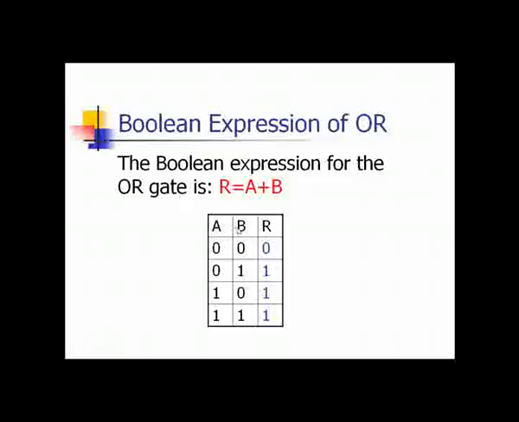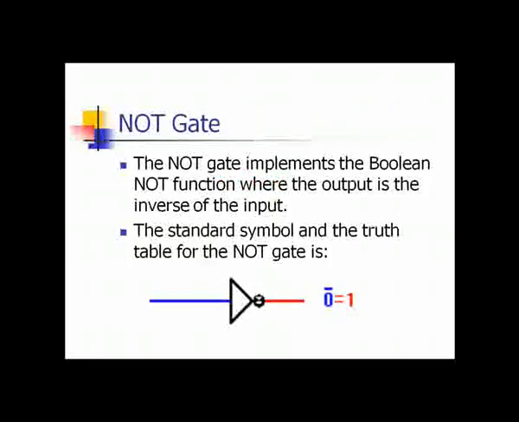Next we shall move on to the NOT gate. NOT gate is also called the inverse gate. Why? Because whatever input is given at the input terminal is inversed and expressed across the output terminal. For example, if the input given is equal to 1, then its inverse is equal to 0, which is represented across the output terminal.